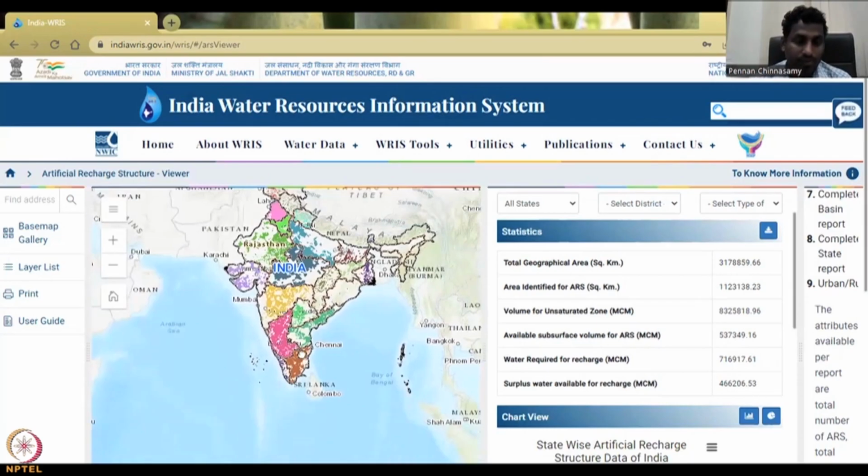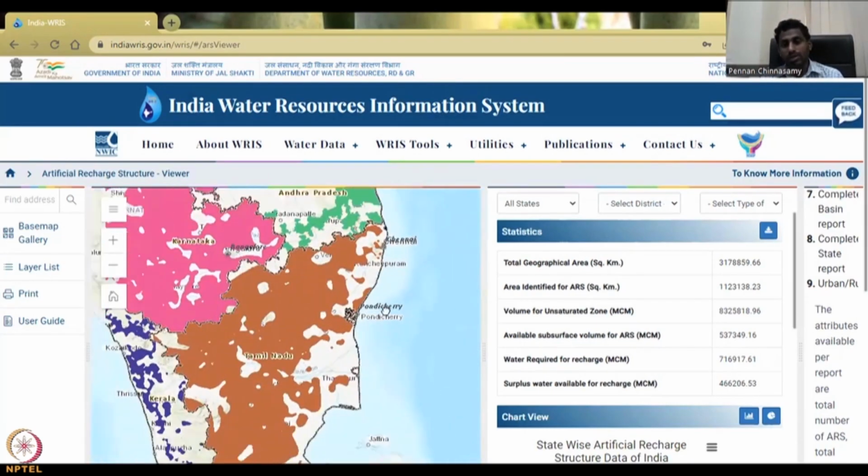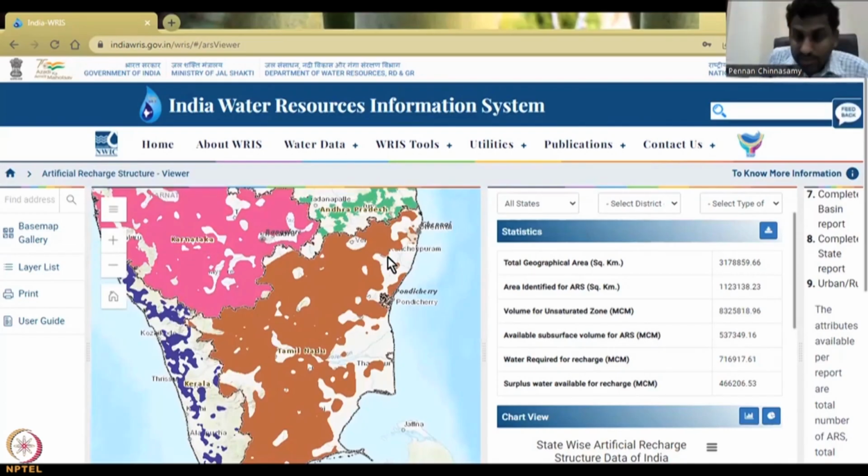So this is how you should look at it. You can pull the map and then you can zoom in, zoom out, especially for where you want to look at. And the coloring gives you where the artificial recharge structures can be made. It's a potential mapping. And also some data is there on where these are located and how much cost has been put.